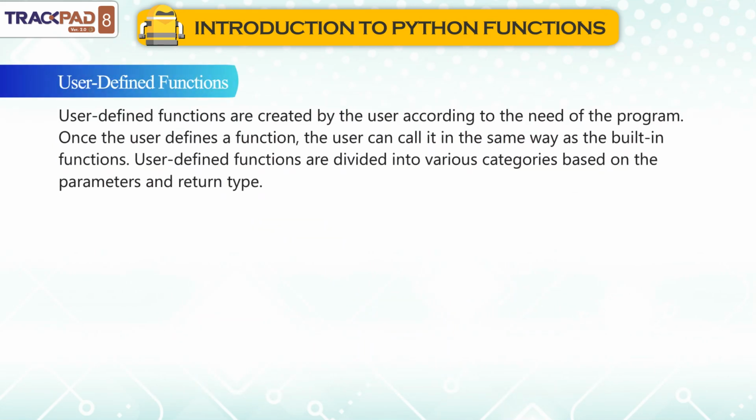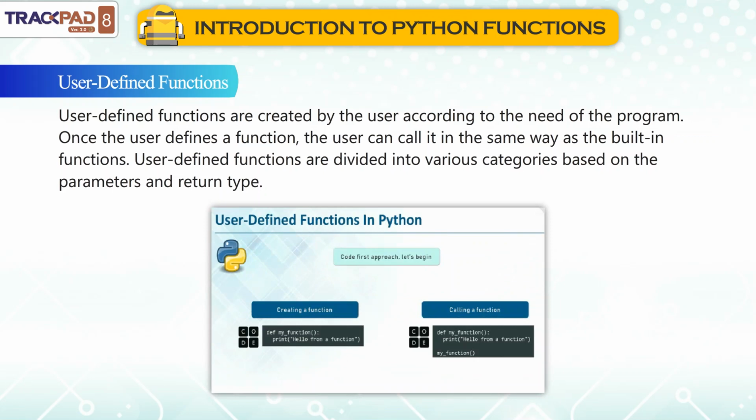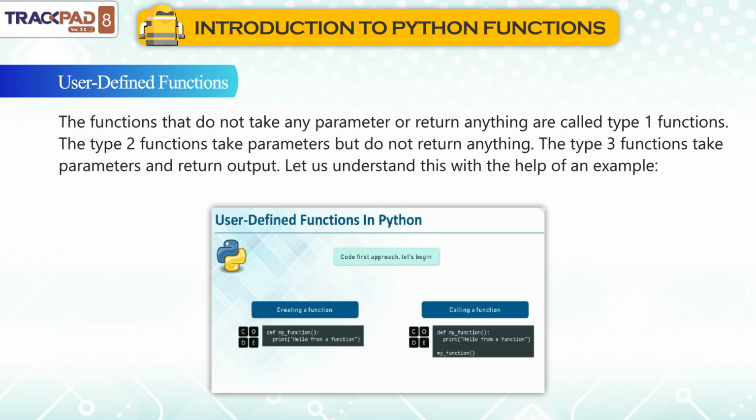User-defined functions. User-defined functions are created by the user according to the need of the program. Once the user defines a function, the user can call it in the same way as the built-in functions. User-defined functions are divided into various categories based on the parameters and return type. The functions that do not take any parameter or return anything are called type 1 functions.